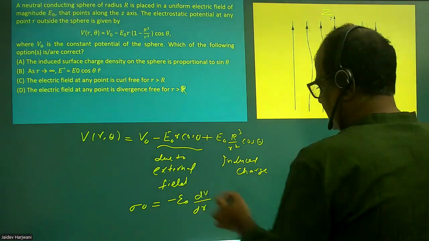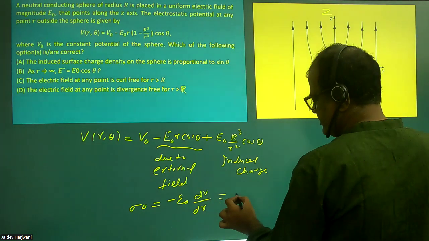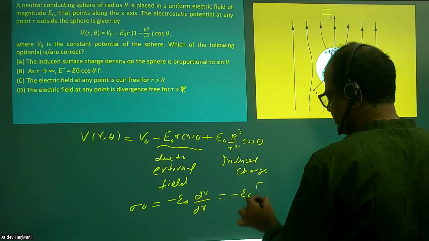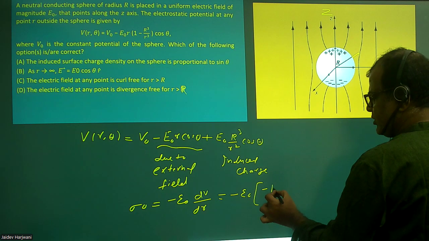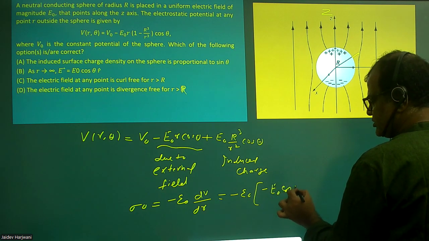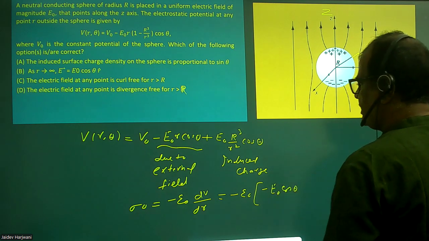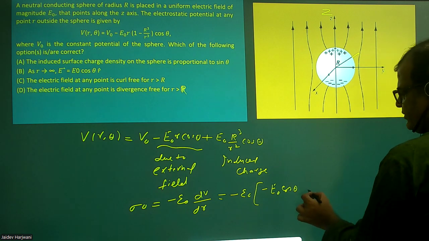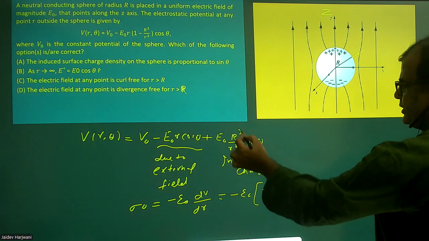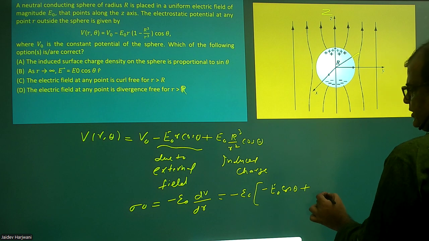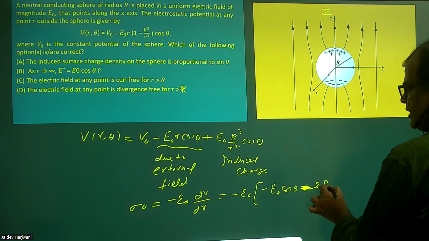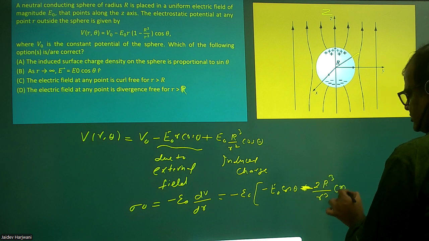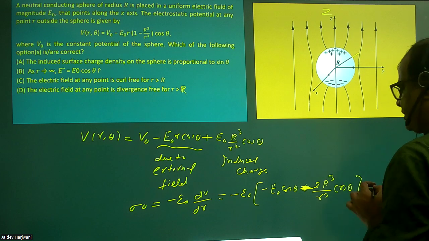Now if I differentiate this equation, this will be 0 minus E naught cos theta, and then minus 2 R cubed upon R cubed cos theta.